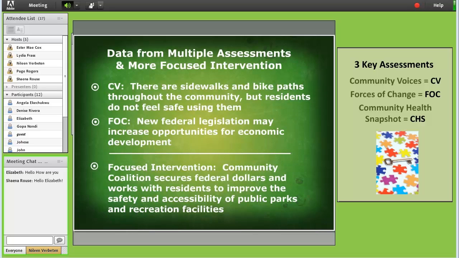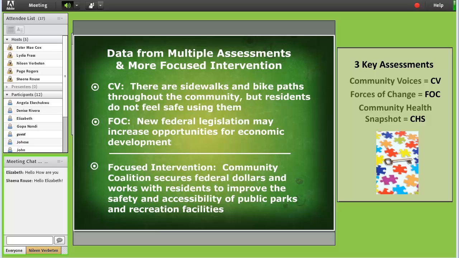So if you look at this next slide, suppose that you looked at your Community Voices assessment, and you learned that while there are great assets in the community, they already have existing sidewalks, walking trails, bike trails, etc., but you hear from the residents that they do not feel safe.